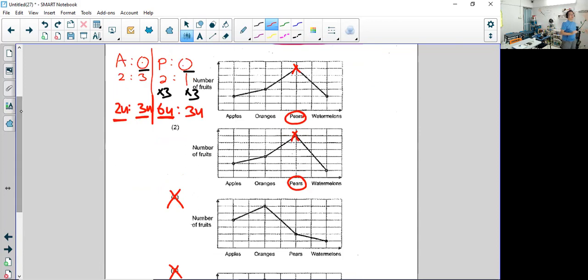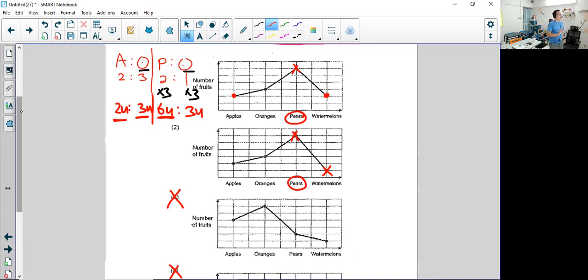Okay, then let's look at number 1 and number 2. Watermelon is the least. But if you look at these dots, watermelon and these apples, you can see that they are equal. But we don't have equal number of watermelons and apples. The question says that the watermelon is the least, so it must have the lowest point.